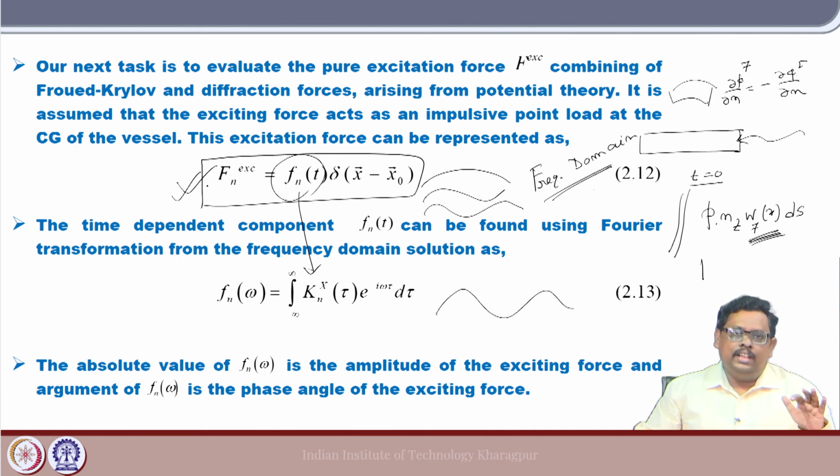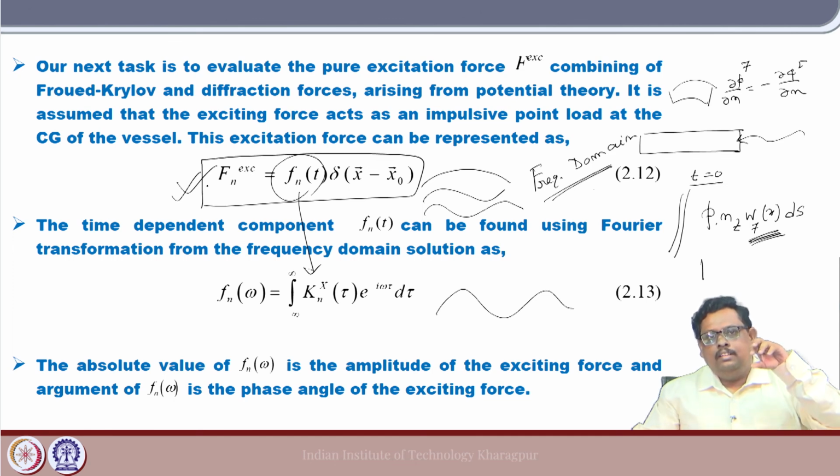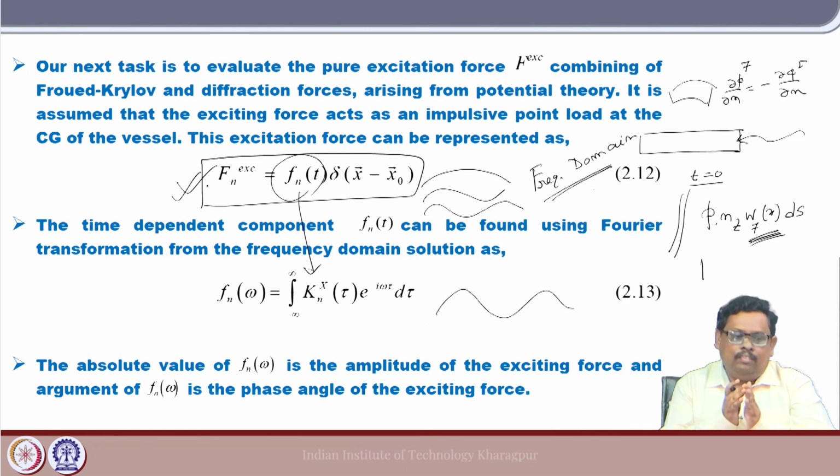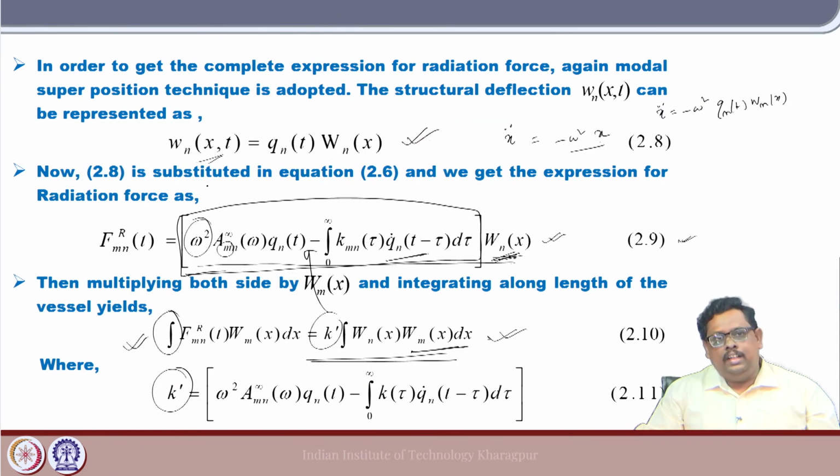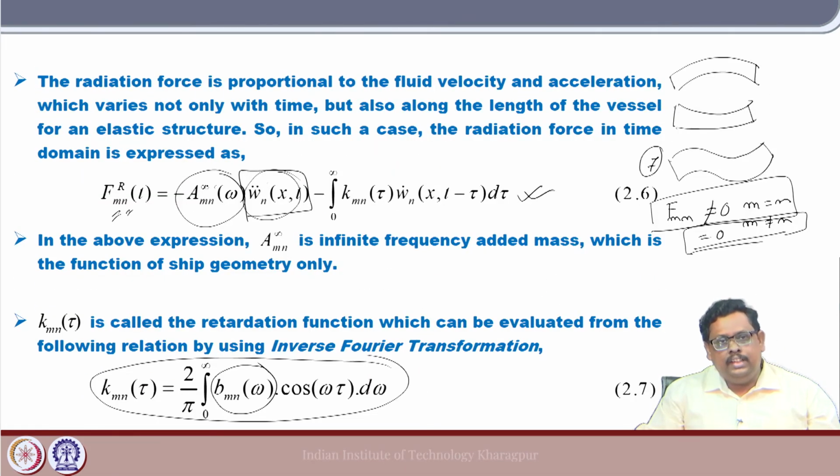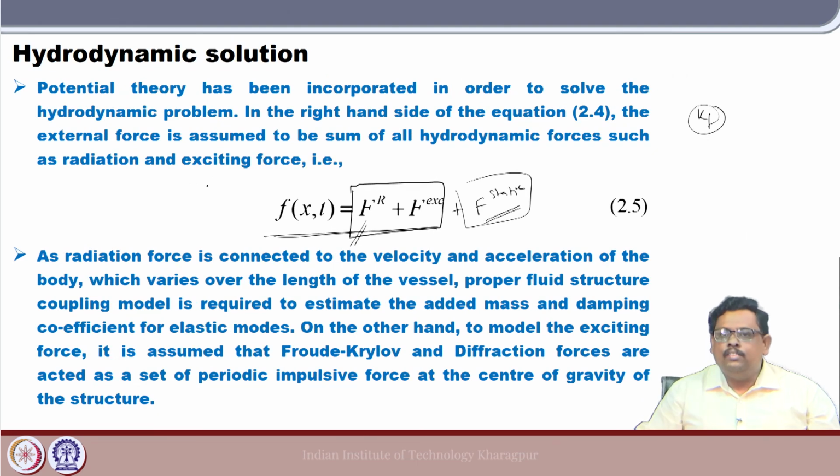So, today let us stop at this point. We discussed how we get the radiation force and how we get the exciting force. So now I know how I get the total force over here, the total force Fxt.